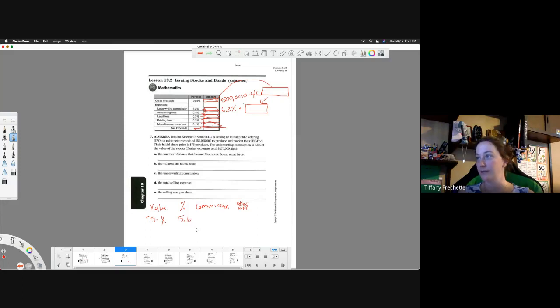I also know from the first page, the calculation we're doing is value times percent. So multiplying these two pieces, remember this is one piece, gives me my commission. So I would have 75x times 5.6%. That's my commission. So I literally just combined these two.